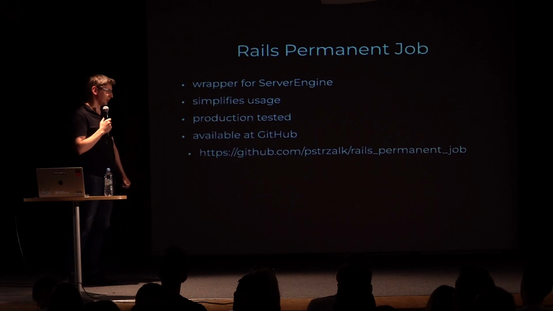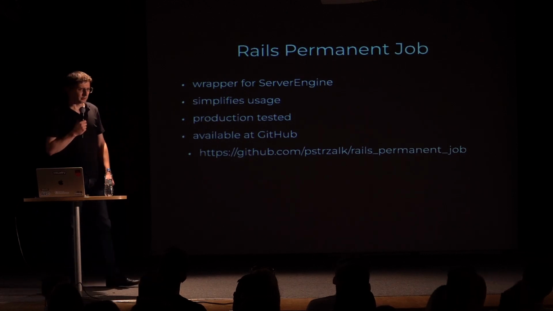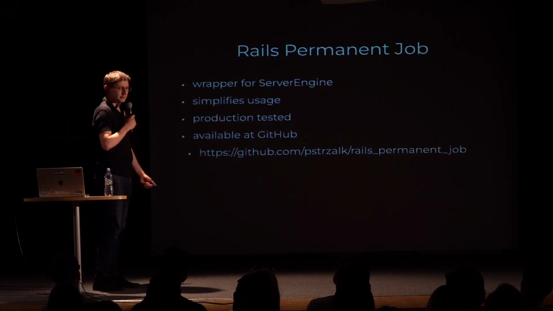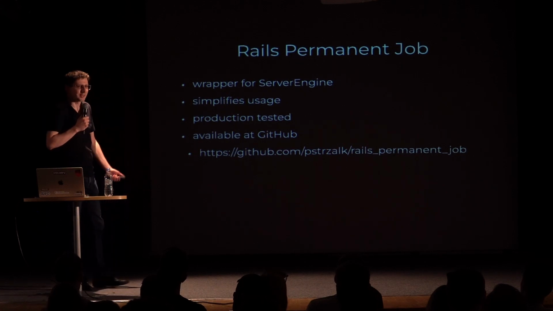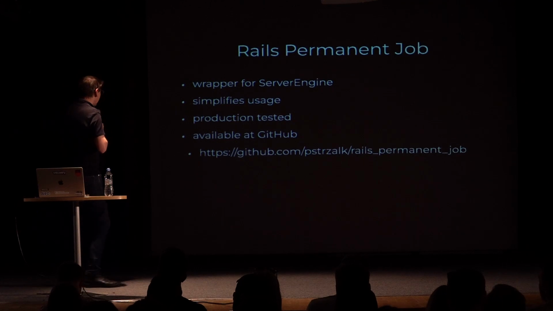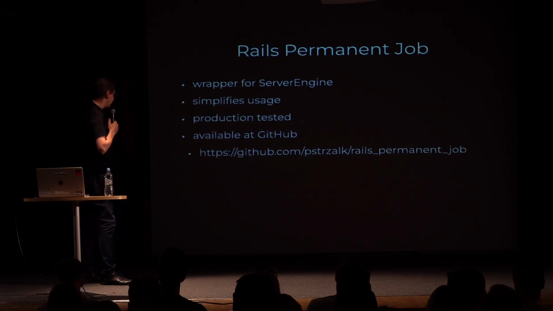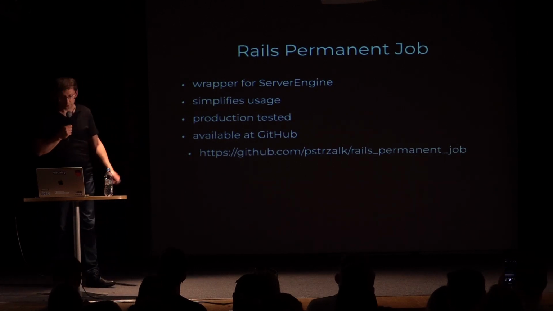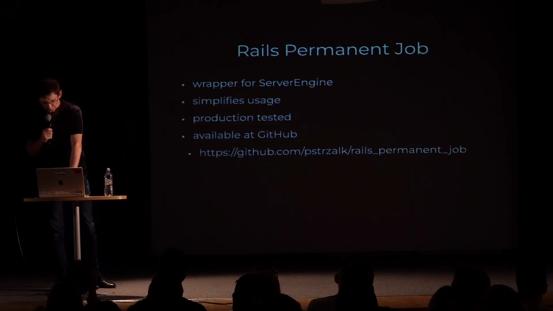It runs an event consumer. Actually, there is no discussion about it. It just runs since it has been deployed. Rails permanent job is available on GitHub, so take a look if you like.